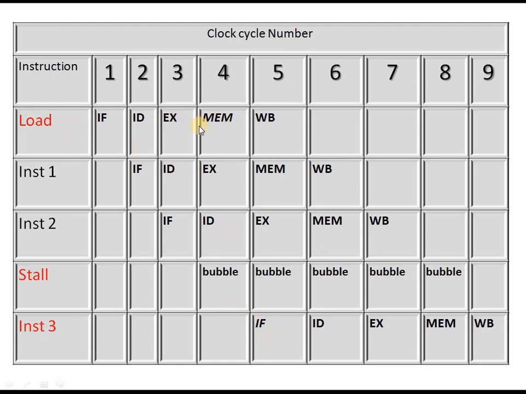So it means there is a problem with the load and instruction 3, which share a common cycle. So we put in the stall, and we put the bubble in one cycle. It means that in this cycle instruction 3 gets frozen, and now instruction 3 starts in another cycle.